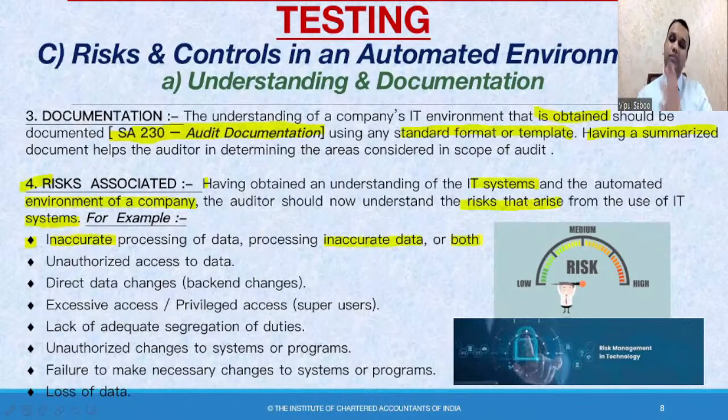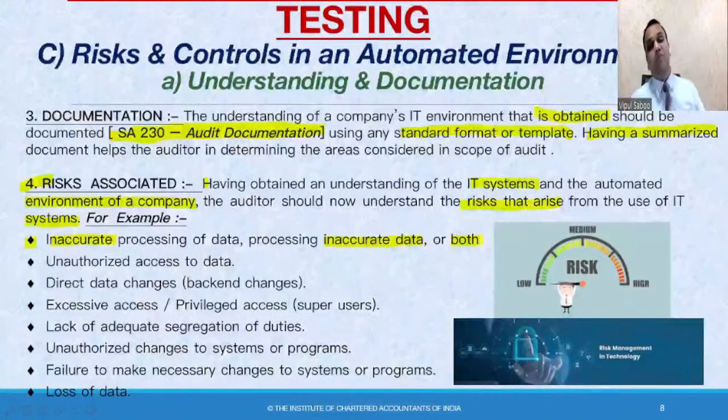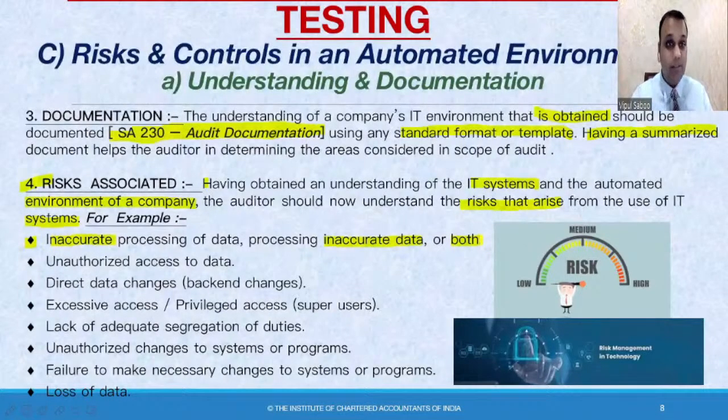Please, faster. Just tell me the difference between these two terms: inaccurate processing of data and processing inaccurate data. Come up with your answers. I'm waiting for your answers. What is the difference between these two terms?